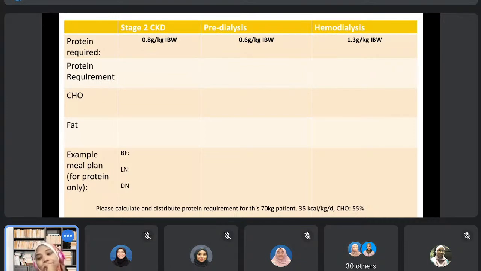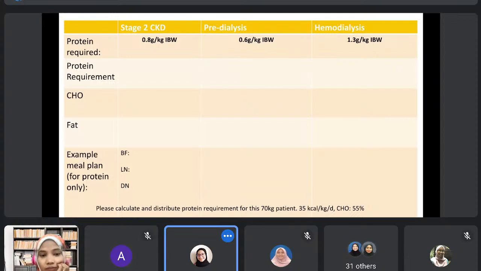Farah Nadia. Macam nak tahu berapa persen? Betul. Berapa gram? For pre-dialysis, 103.8 gram. 103.8. Okay, so berapa persen? 4%.